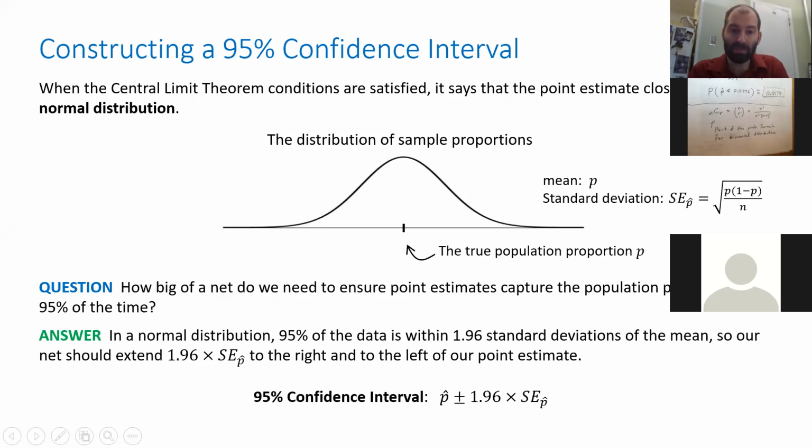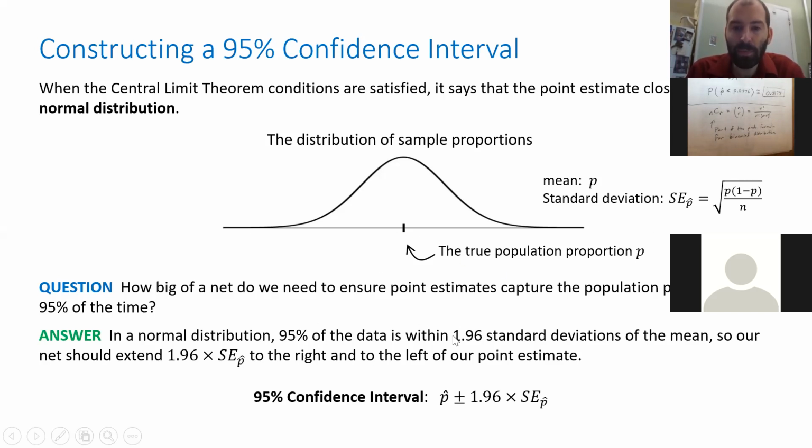So we're going to take our point estimate and move away from it that far to the left and to the right. And then we have an interval. And 95% of such intervals should contain the mean here, which is the true proportion.